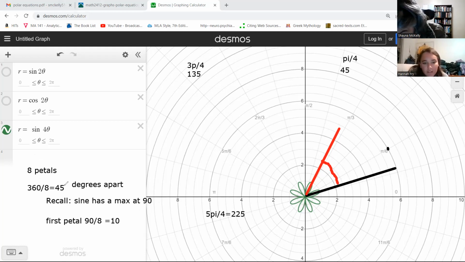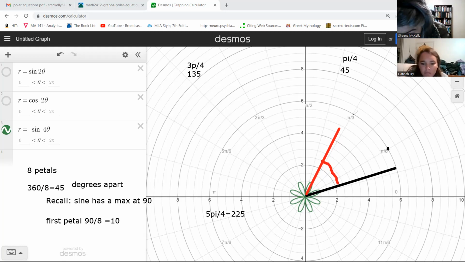It looks a little exaggerated on the screen. No, it looks perfect. But this angle should be 45 degrees. So wherever this started, this angle is going to be, now, this is pi over 6, okay? Pi over 3, rather.